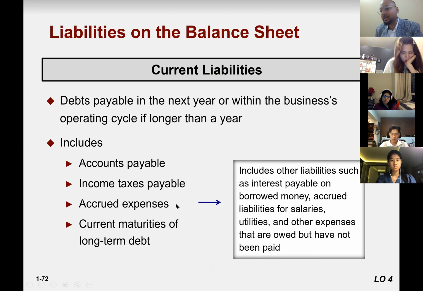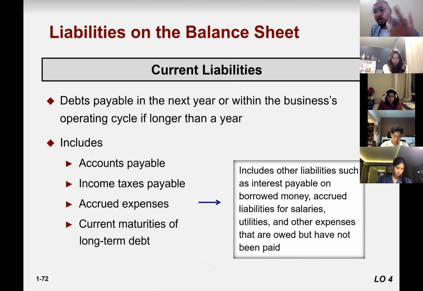Accrued expenses, what does it mean? This is the opposite of prepaid. Expense happened but you didn't pay. In prepaid, the expense didn't happen and you pay in advance. But in accrued expenses, look at the word accrued, occurred. Expense occurred but you didn't pay. Like salaries, the employee worked for you for the whole month and then after that you pay.